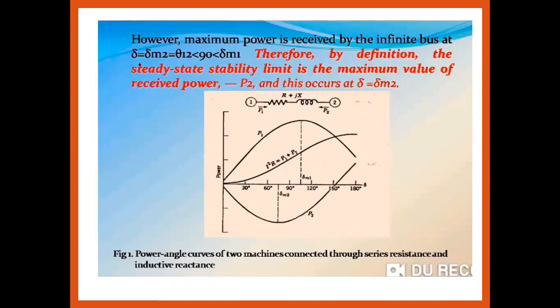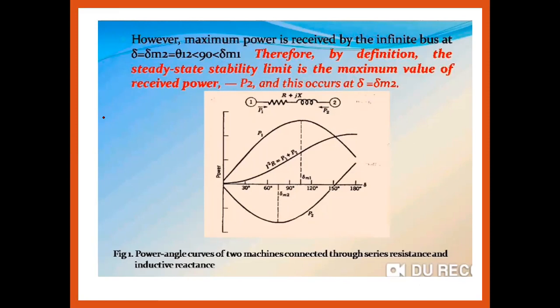Now del m2 is the point at which the maximum power is received by the infinite bus, that is P2. It is the power received from the infinite bus, that's why it's the negative power. What is del m2? We observe that del m2 is less than 90 degrees. So del equal to del m2 is theta 12, which is less than 90 degrees, and also less than del m1.